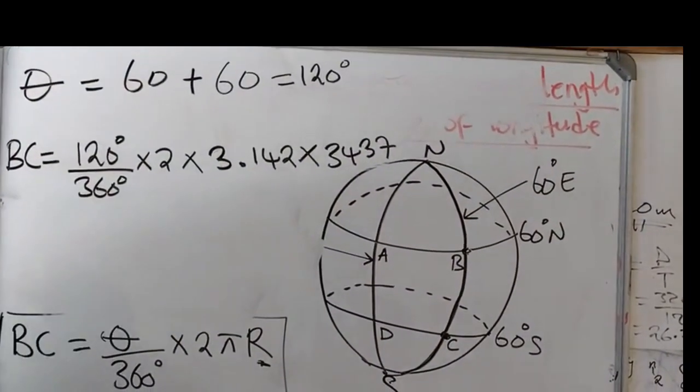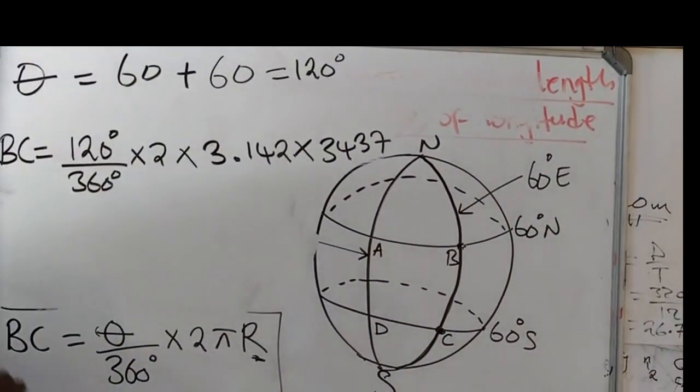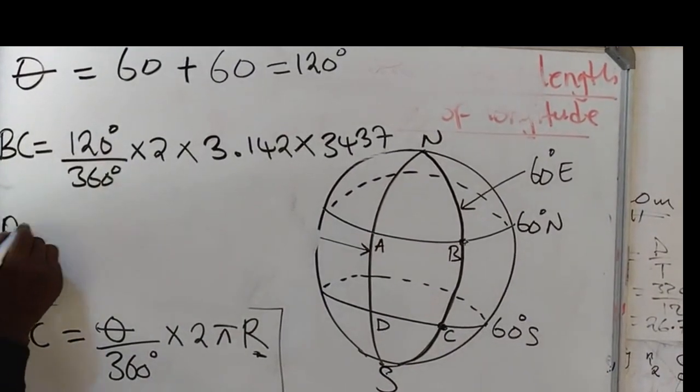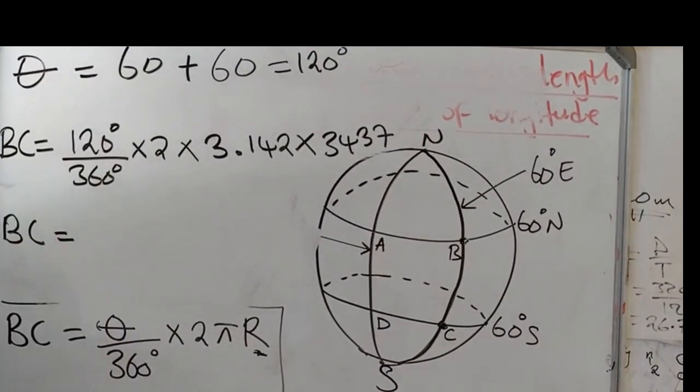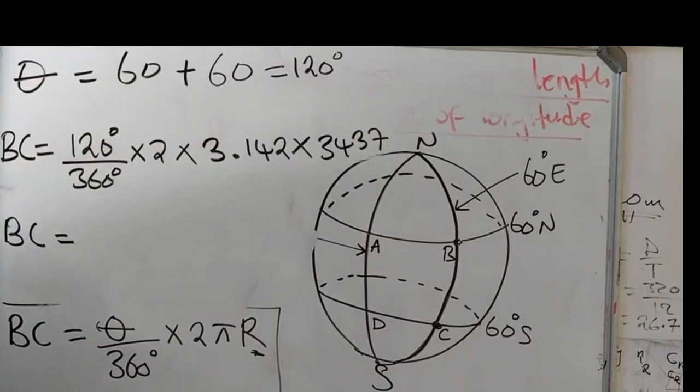After you are done substituting, the next step, BC equals, remember this is paper 2.